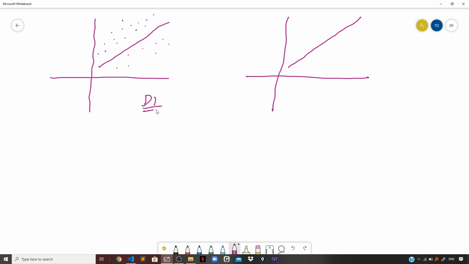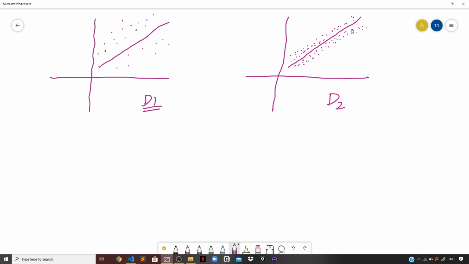So this is our dataset D1, and for the case of dataset D2, the point density will be more dense, like this. Let me represent this using more points to represent a dense point density.